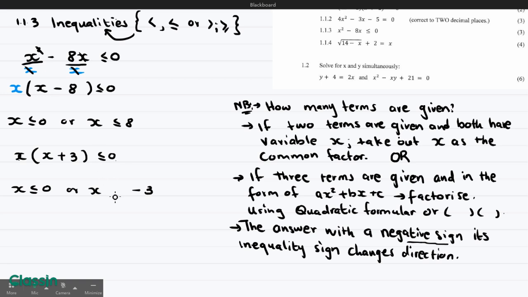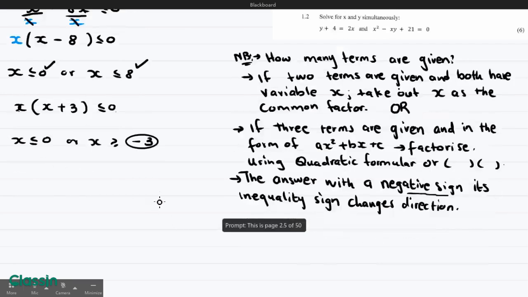Now the sign is going to change for this one, because the answer is negative. So when the answer is negative, the inequality sign changes direction. But now because our solution will be these two.